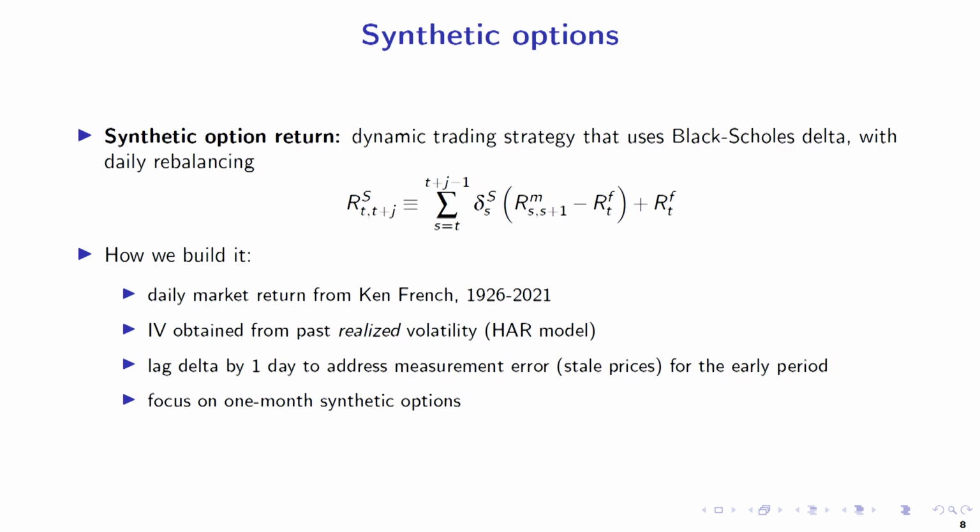So what about a synthetic option? What I mean by that is we're just going to dynamically replicate a traded option. We're going to use the Black-Scholes delta, with an adjustment from Hull and White, where that delta, the local sensitivity of the option to the market, is your investment in the underlying, in the S&P 500, and the rest of your money goes into the risk-free asset.